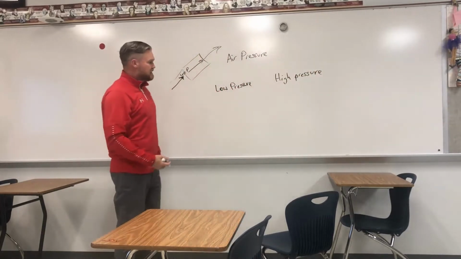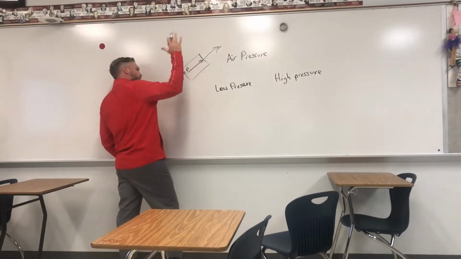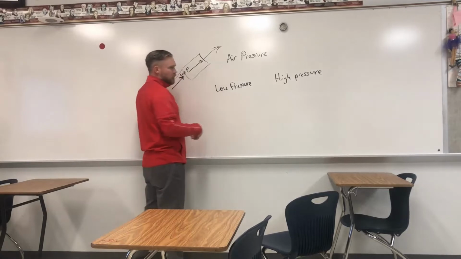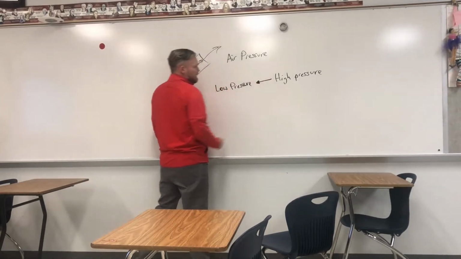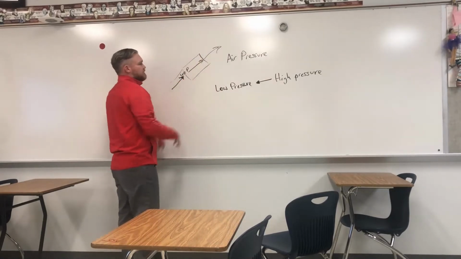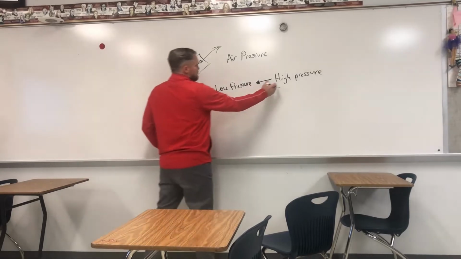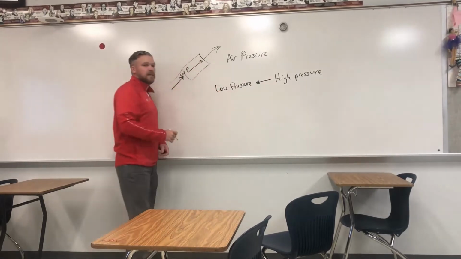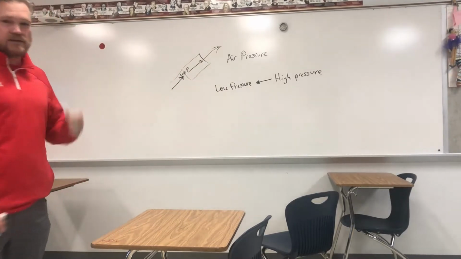Basically what happens is we have high pressure on the outside trying to move toward the low pressure on the inside. And because it's doing that, the high pressure forces the low pressure away, essentially. So the high pressure is moving towards the low pressure. That's what we really need to understand for what we're going to talk about in just a minute.